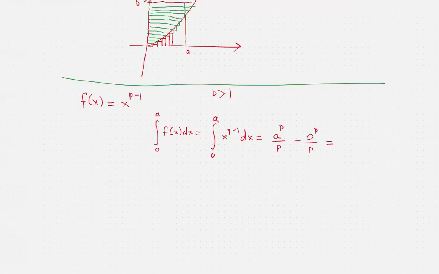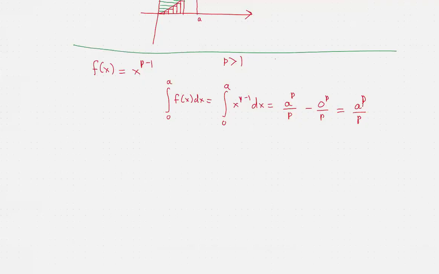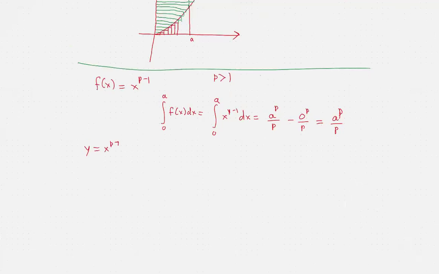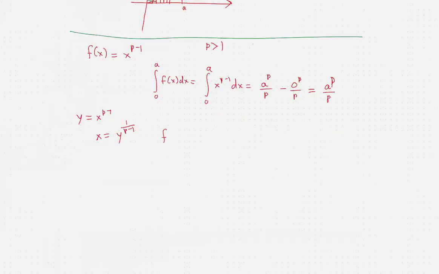Now, we can ask what is the inverse function. And as usual, to find the inverse function, we set y equals x to the p minus 1, and we solve for x. So x is equal to y to the 1 over p minus 1. So the inverse function is y to the 1 over p minus 1.